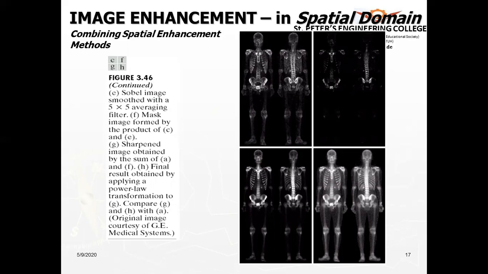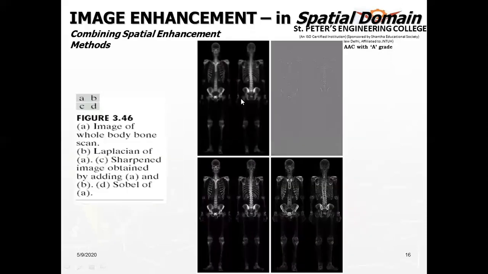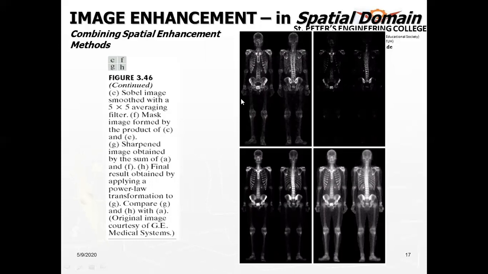Then you sharpen the image, and then you obtain the final result by combining all the processes. So therefore, you can see that this image is much brighter than the original image, and clearer details are present in this. So therefore, you can combine all the methods for a very good spatial enhancement.